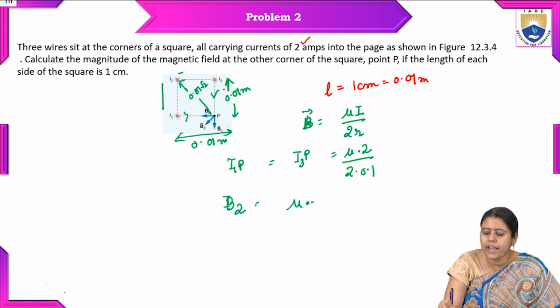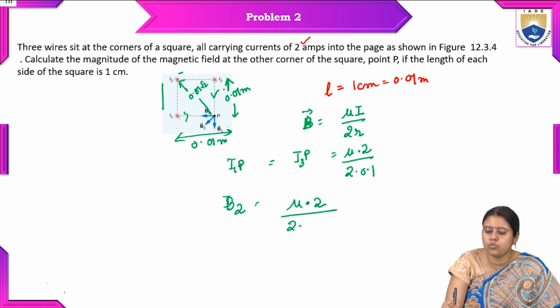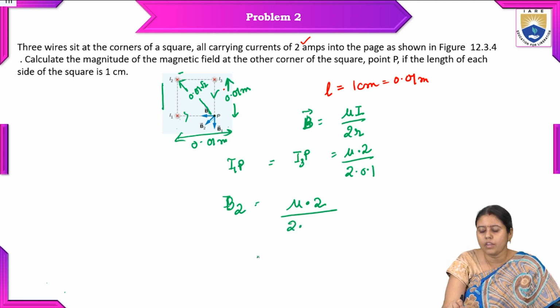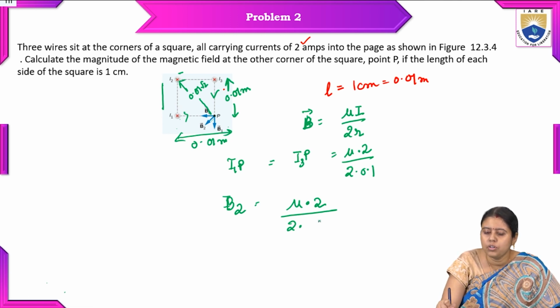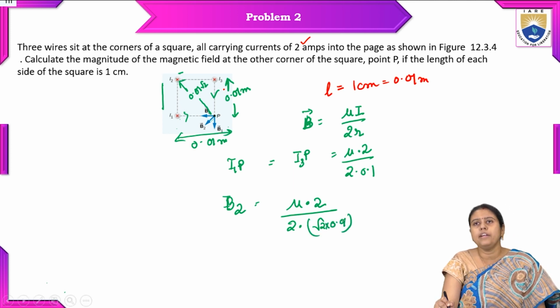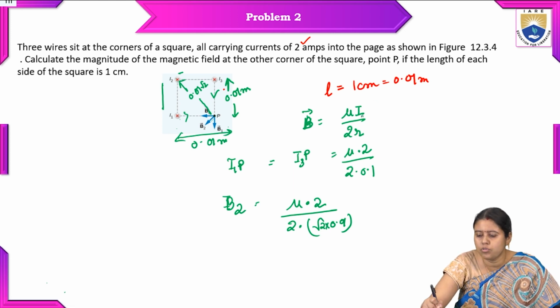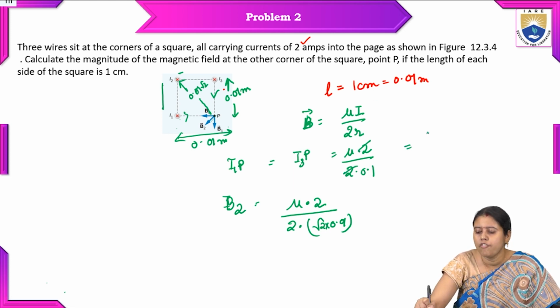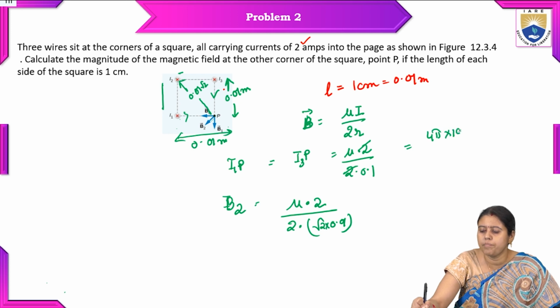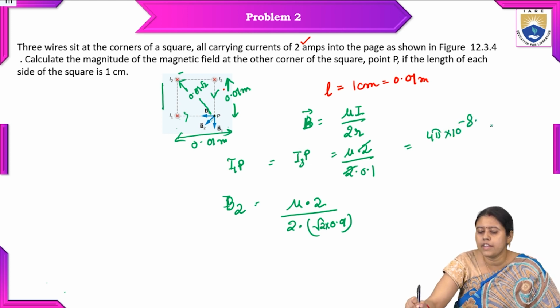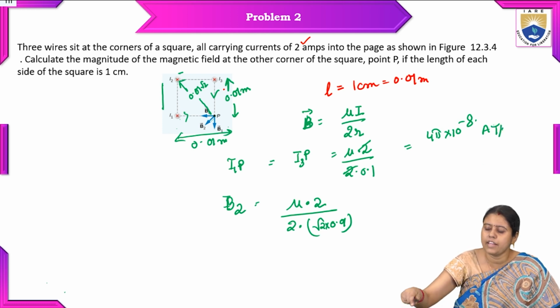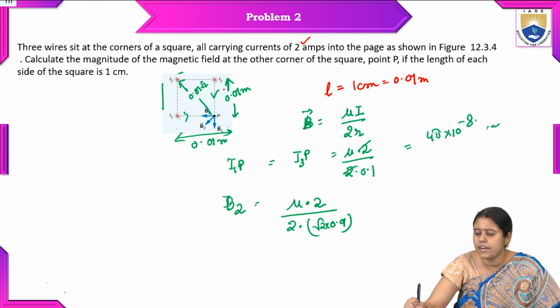So mu I is again 2 ampere into 2r. 2r means it is 2 into root 2 into 0.01. So here also the 2 cancels out. We are getting 4 pi into 10 to the power minus 8. What is the unit? The unit is ampere turn. The unit of B is the Tesla.